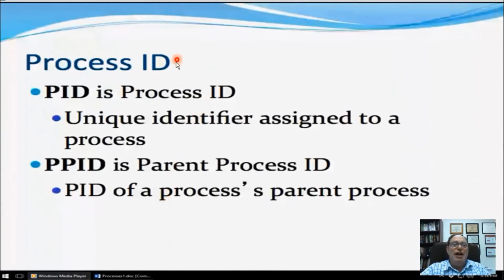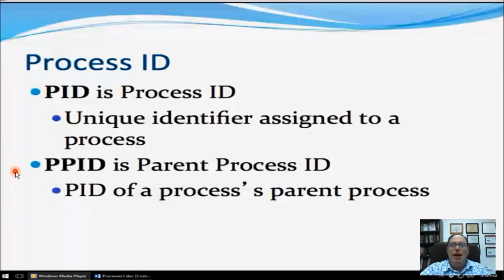The process ID is a unique number that's given to a process that's running, and these are assigned by the operating system. There are two types of process IDs we're going to look at. One is called the PID, and it just stands for Process Identification Number, and it's a unique identifier assigned to any particular process.